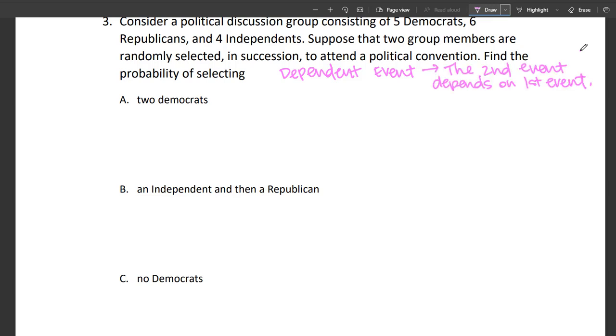So that means we're going to find the probability of a Democrat and then a Democrat. So we take the probability of the Democrat the first time, multiply it by the probability of a Democrat given the first was a Democrat.